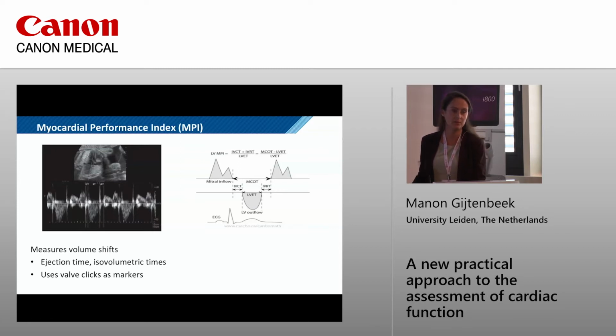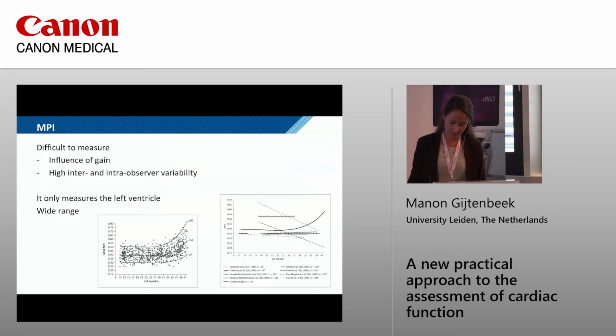It's very easily disturbed by fetal movements or other problems, you get loss of your image, and it's very difficult to see these valve clicks in each and every image. So, as I said, it's difficult to measure. There's a huge influence of gain.